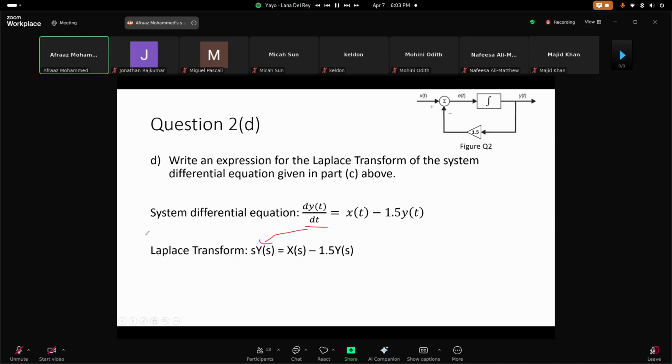I know we've been doing examples and you are familiar with moving from the differential equation to the Laplace transform, but I want you to see how that transformation is done when you reference the tables.